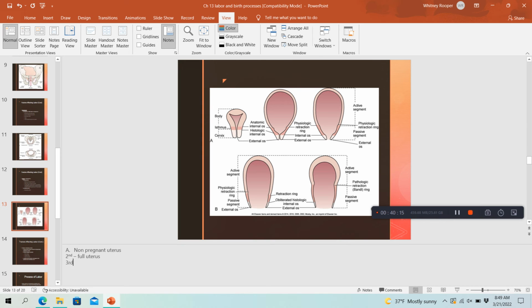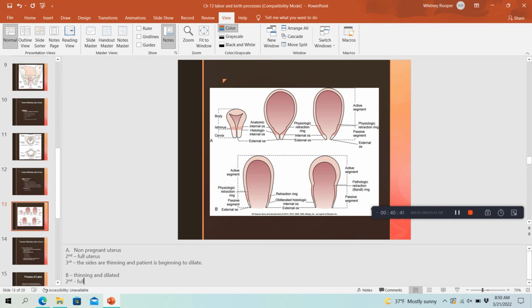So as those contractions keep coming, this area thins out and it dilates. The patient here is maybe 7, 8 centimeters. And over here, you see the cervix is very thin right here, and it's completely dilated. So it starts out very thick and very narrow, and as the contractions keep coming, it gets thinner and opens more.